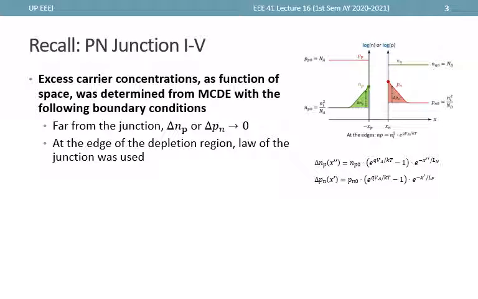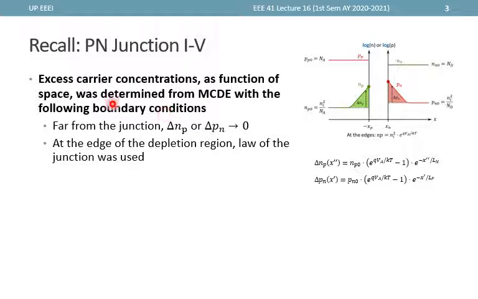Before proceeding to the BJT analysis, let's recall some concepts first on how we derived the IV curve of our PN junctions. What we did last time was to derive the excess carrier concentrations as a function of space or position, as a function of x. This was determined from the MCDE with the following boundary conditions.